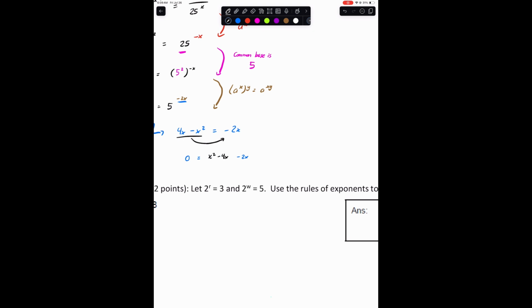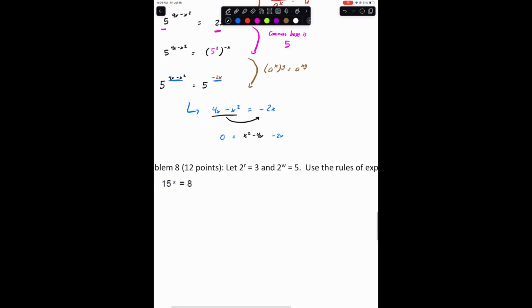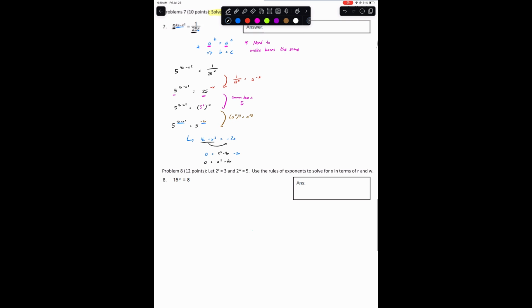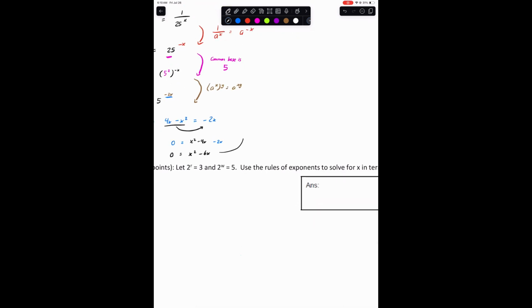And now I can just simplify this down to 0 equals x squared minus 6x. And then when you factor it, 0 equals x times x minus 6. And from this, x minus 6 equals 0, so x equals 6. And then x equals 0, so x equals 0, okay?